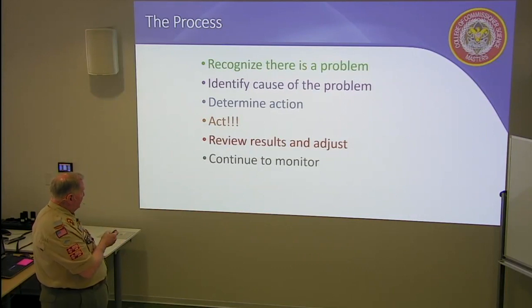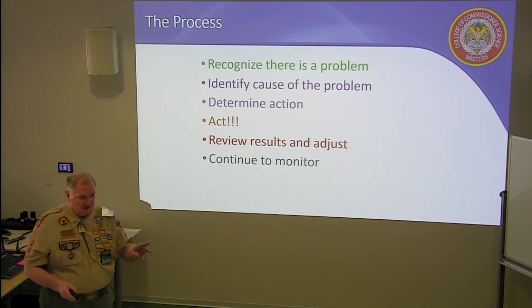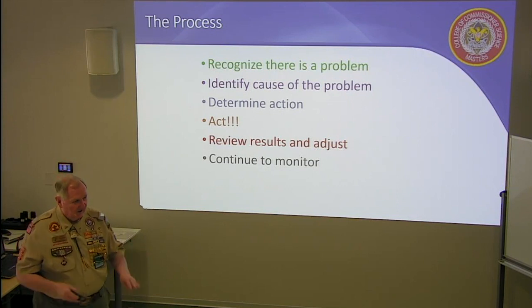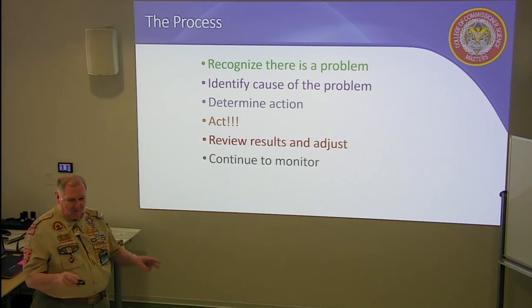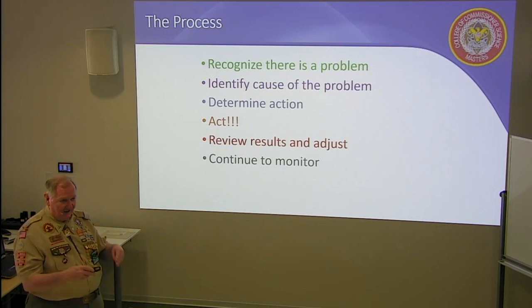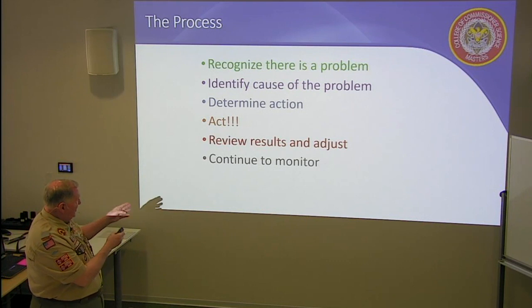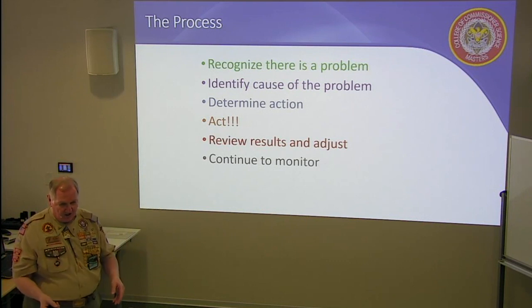But it's important because we're looking at the word review here. Review the results and adjust. So as you're meeting with the PAC, you're going to review, okay, here's the problem. You've missed some meetings, and we need to help you out to resolve the situation. So we review those results. Now how are we going to adjust it?